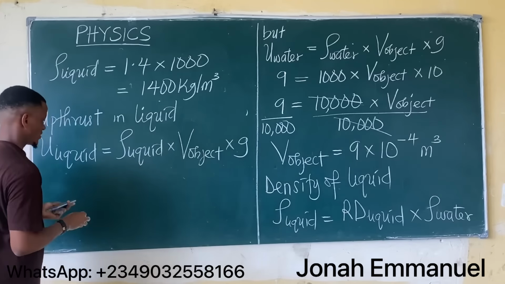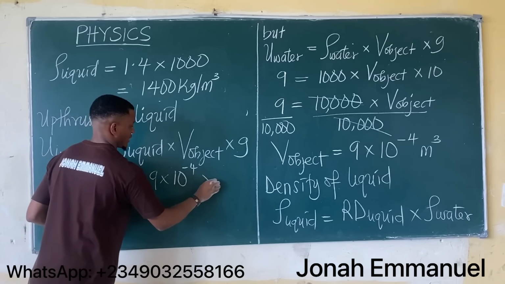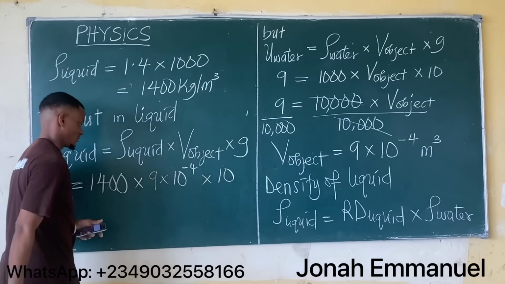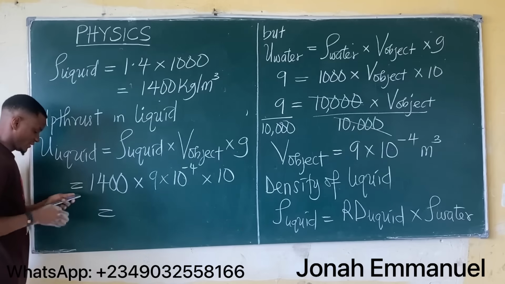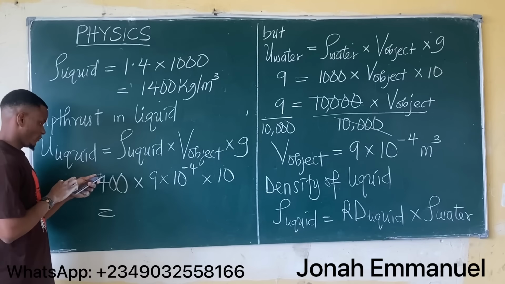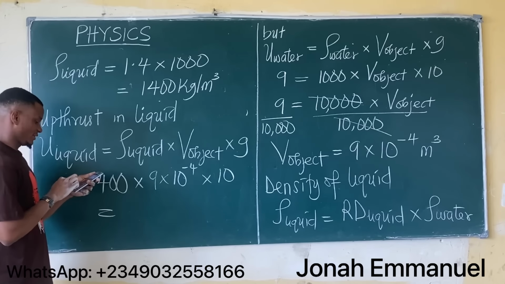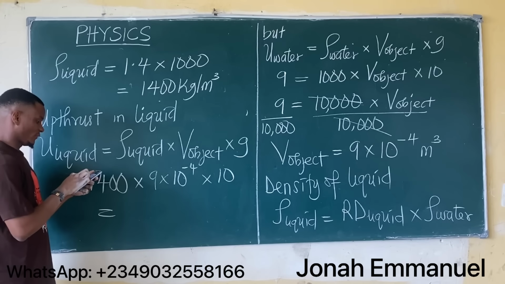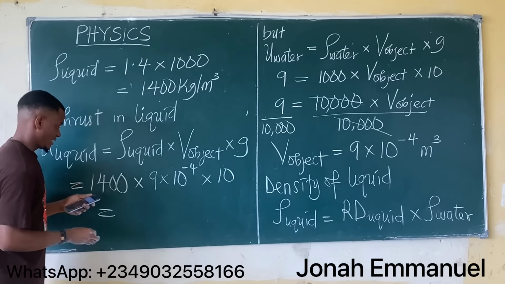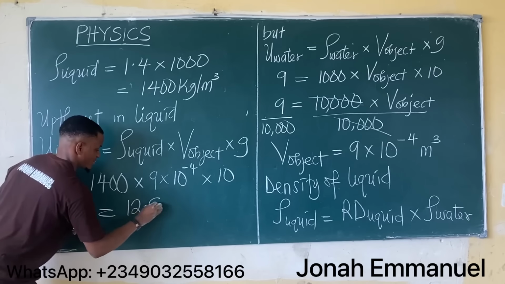This is equal to density of liquid, 1400, times volume of object, 9 times 10 to the power minus 4, times gravity, that's 10. Multiplying 1400 times 9 times 10 to the power minus 4 times 10 gives about 12.6 Newtons.